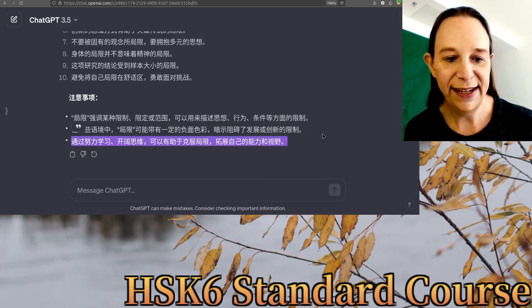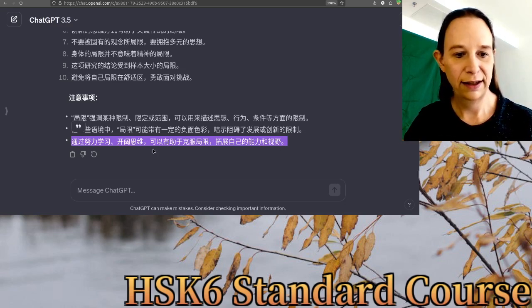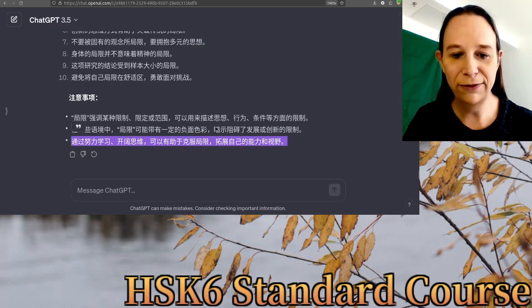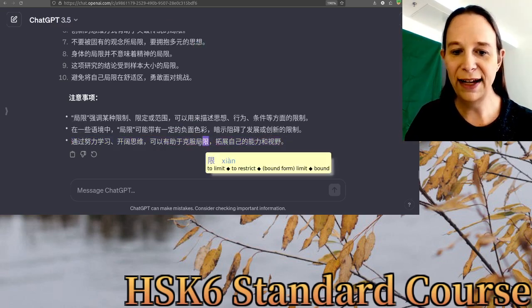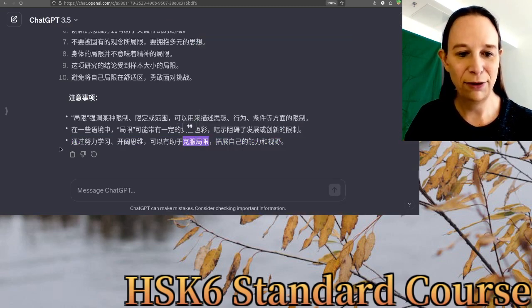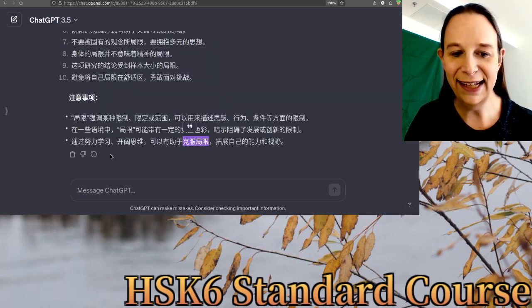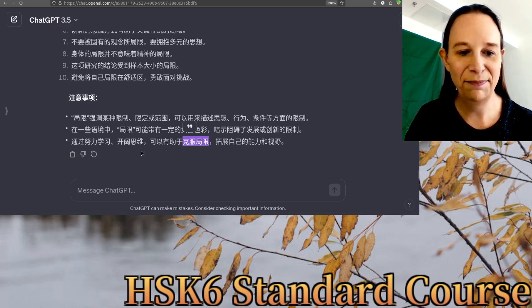通过努力学习、开阔思维，可以有助于克服局限，拓展自己的能力和视野。This is not really relevant. Oh, 克服局限. So overcome restrictions. So you overcome limitations through studious effort, conscientious study, and being open-minded.